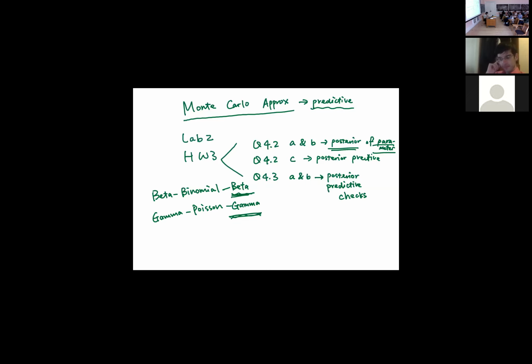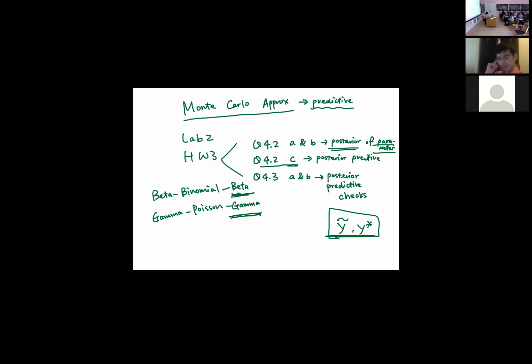And then 4.2 part C is asking you to replace the event of theta_b less than theta_a with the event of y tilde b less than y tilde a. So once you see y tilde or y star, people use different notations, but I would state very clearly what is what, but usually people have these 2 different notations for posterior predicted distributions, meaning that you're generating new data.